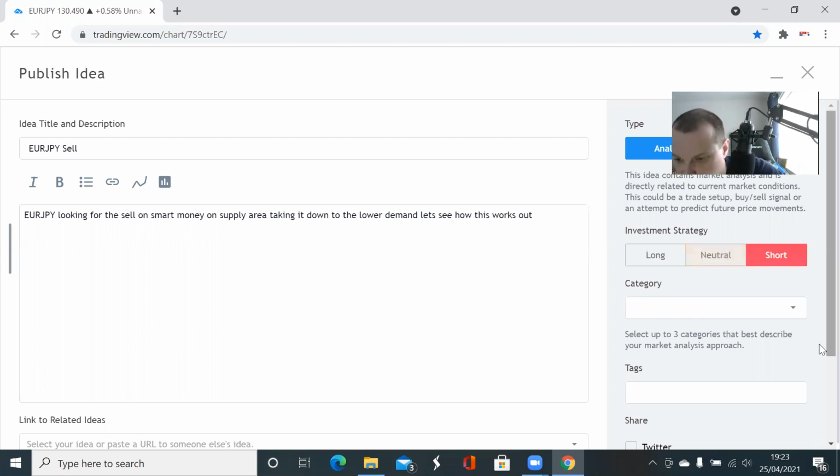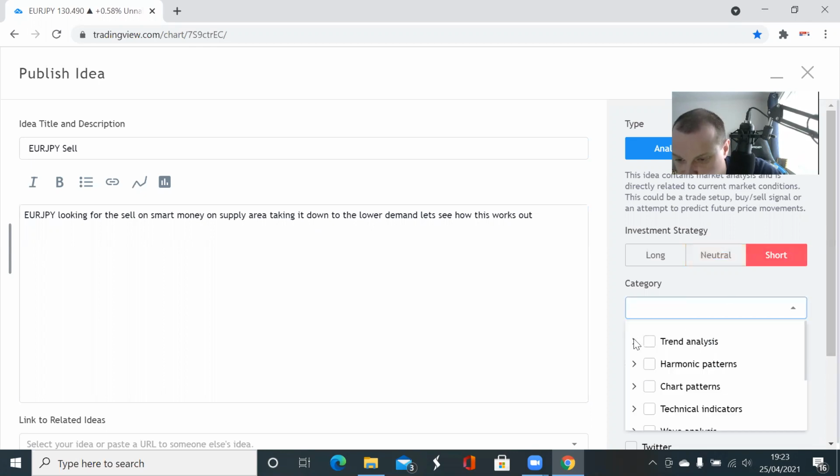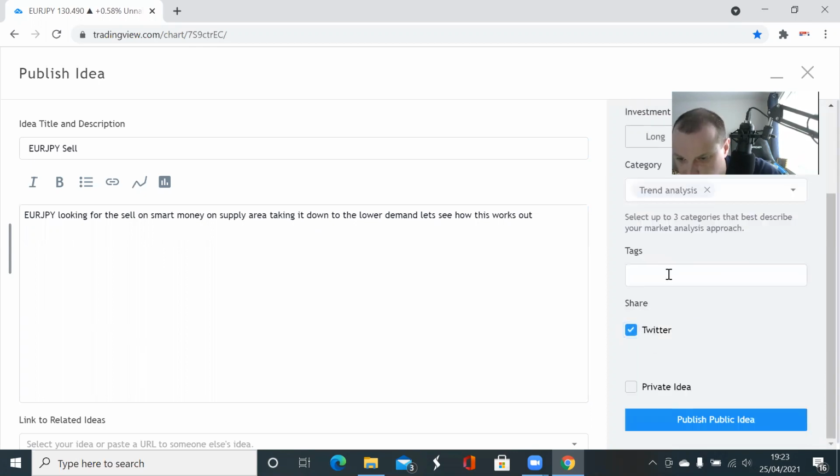Right, so again, we're going on the shorts. We're going to go to the category trend analysis, Twitter tags.